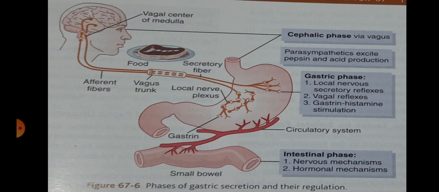Right, cephalic phase. It occurs even before food enters the stomach, especially while it is being eaten. It results from the sight, smell, thought, or taste of food, and the greater the appetite, the more intense is the stimulation.